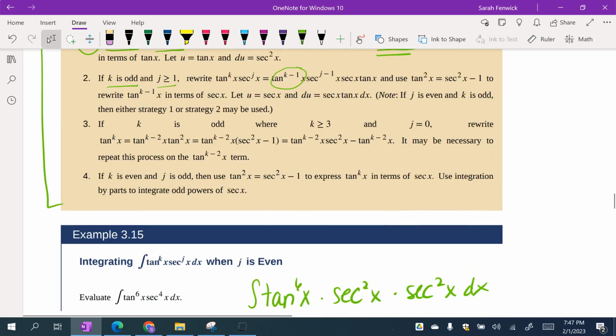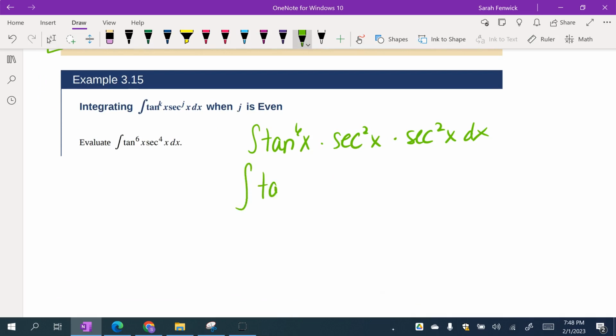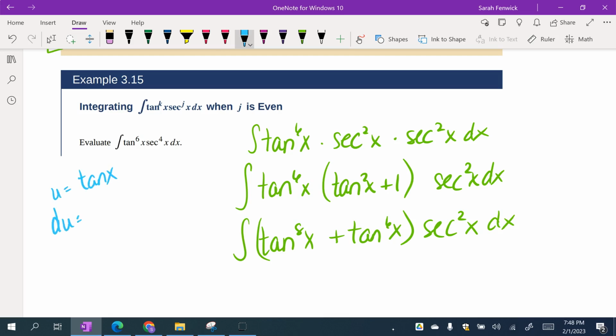Secant squared x is equal to tan squared plus 1. So integral tan to the 6x times tan squared x plus 1 secant squared x dx. Distribute: tan to the 8x plus tan to the 6x secant squared x dx, where u is tan x, du is secant squared x dx.